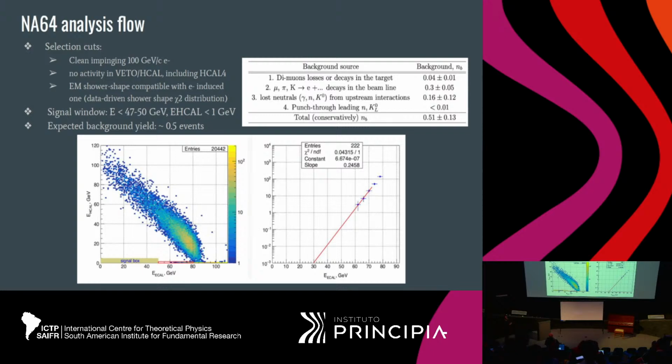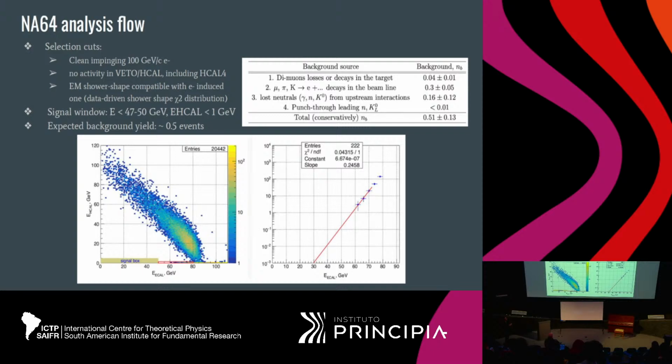You have different possibilities. For example, the production of a pair of muons in the ECAL, which is lost in the HCAL and you don't see it in the veto, but also contaminants, that is to say hadrons like pions and kaons, which may decay, or may be misidentified by the upstream part as electrons and then decay, mimicking therefore a signal, but also some lost neutrals that exit the HCAL and so on.